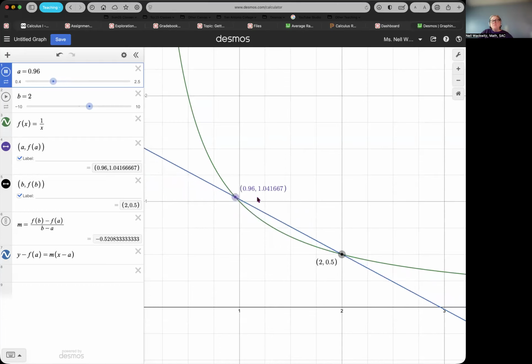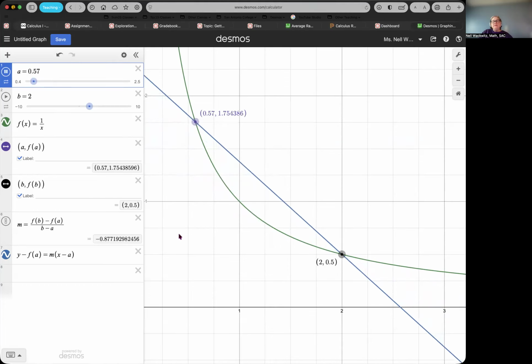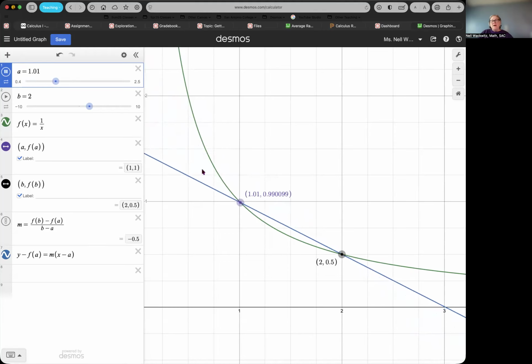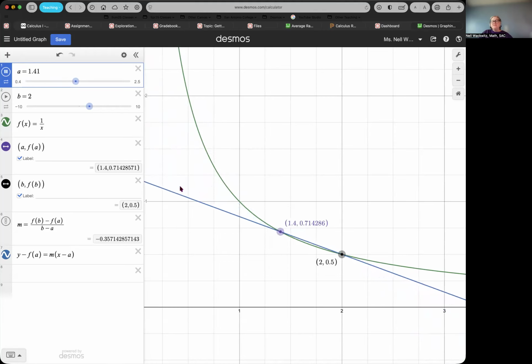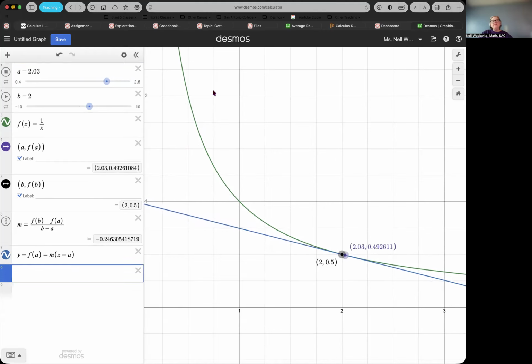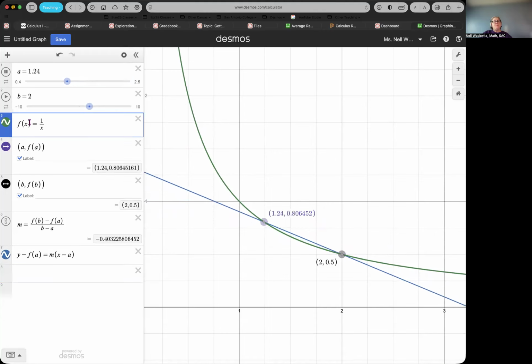And there you can see that we're cutting this graph in two places, and that this secant line, this line that's cutting the graph, is always having a negative slope. That's because 1 over x is a decreasing function.